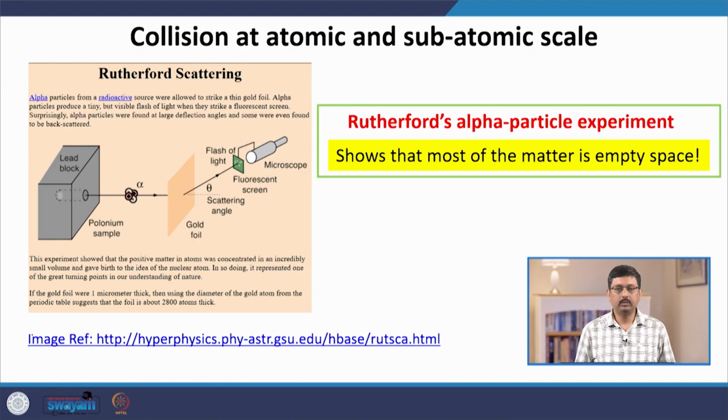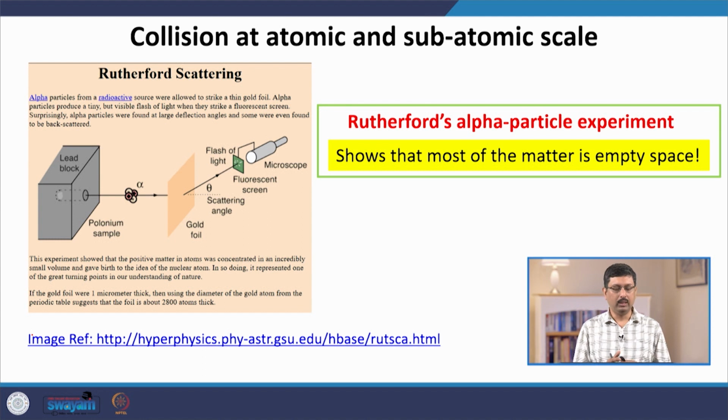In the next example, we are going to consider collisions at a much smaller scale, at atomic and subatomic length scales. Let me remind you that you have read about these examples in other courses such as modern physics or quantum mechanics.